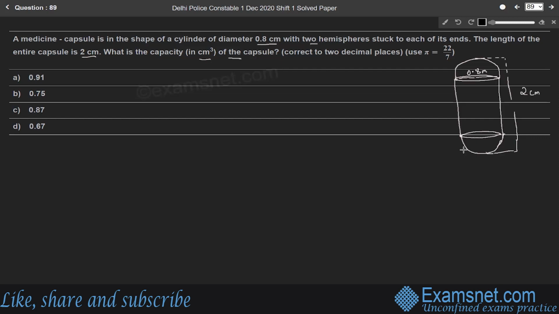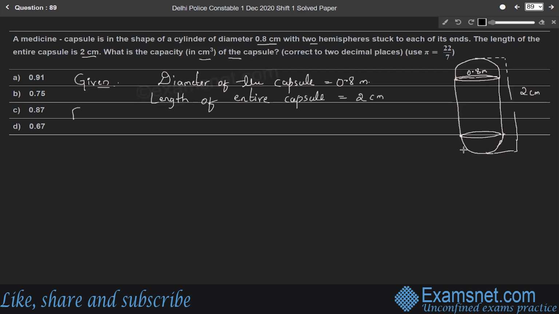So here, let us write the given data. Given: the diameter of the capsule is equal to 0.8 centimeter, and the length of the entire capsule is equal to 2 centimeter, right?